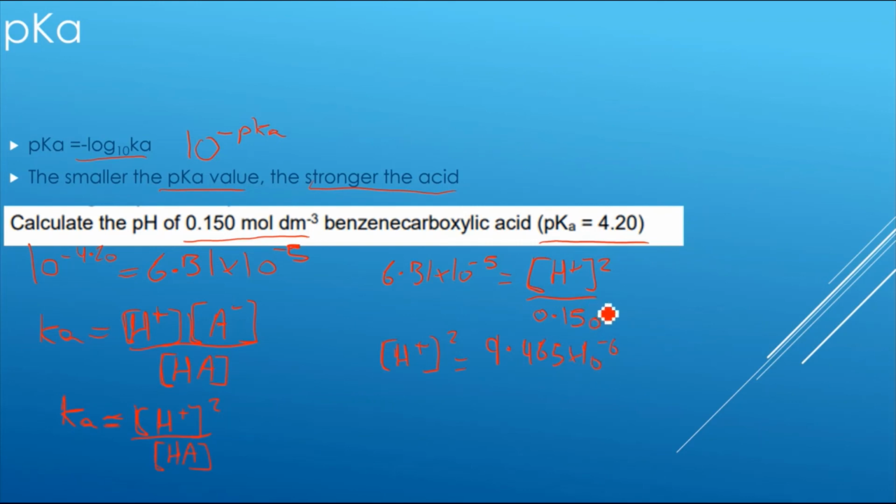This is when I would multiply by 0.150 to get H+ squared on its own, and then I would square root this, and I would get the concentration of H+ being 3.077 times 10 to the power of minus 3. Then I would minus log this value, to the base 10, and that would get me the pH, which is 2.51 to 2 decimal places.